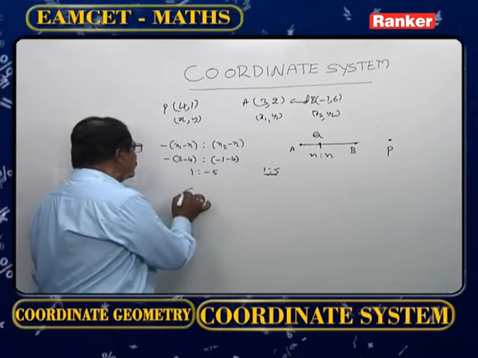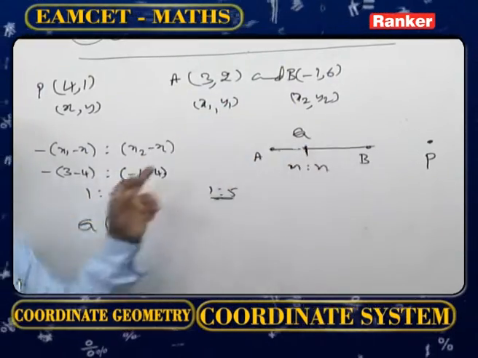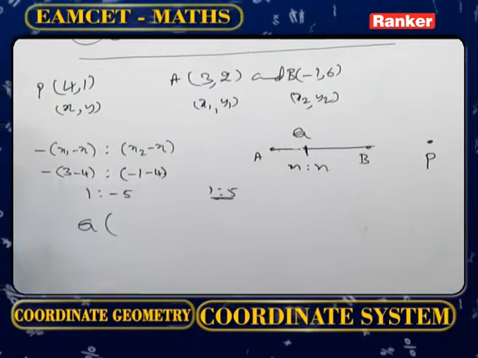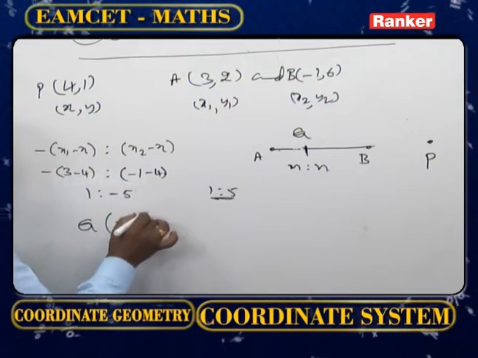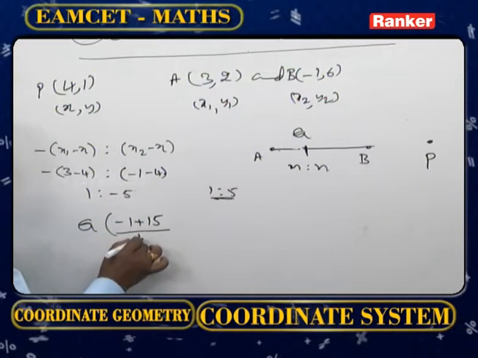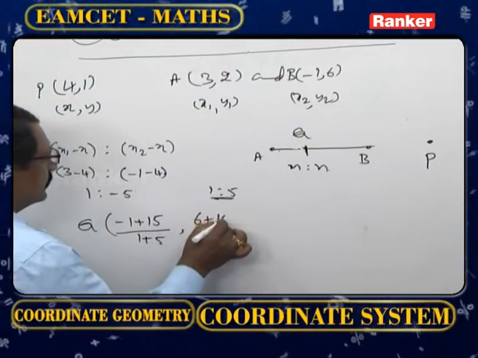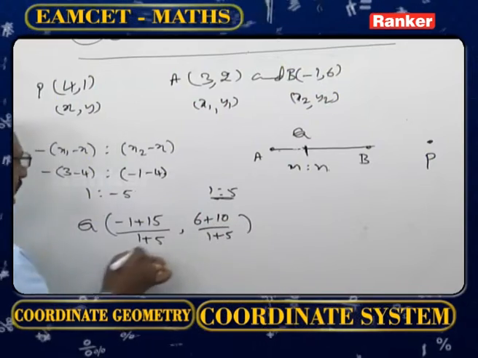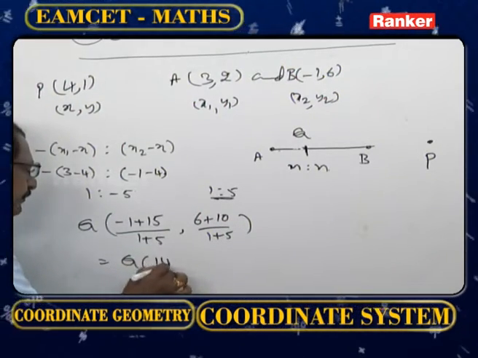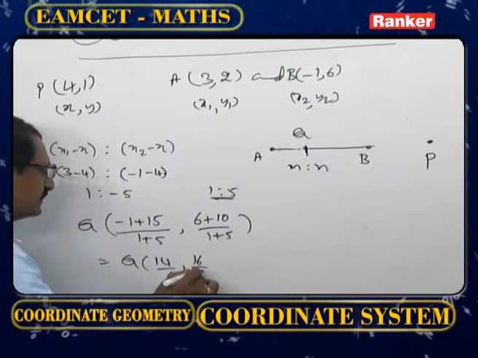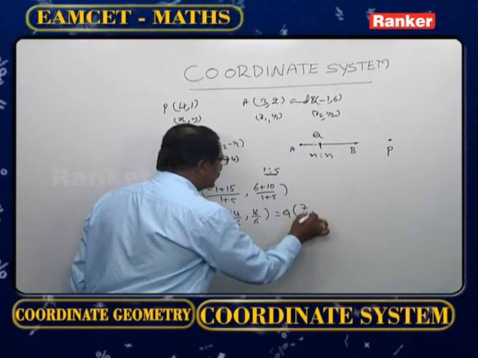Then the coordinates of the point Q, which divides AB in the ratio 1 : 5 internally, are ((-1 + 15)/(1 + 5), (6 + 10)/(1 + 5)), which equals (14/6, 16/6), so the required point is (7/3, 8/3).